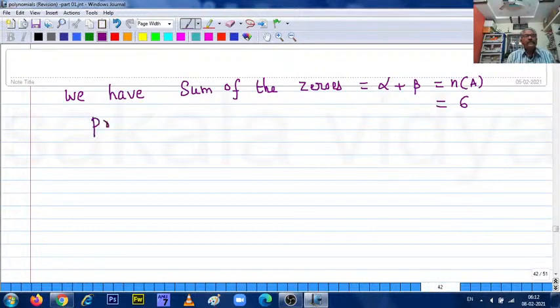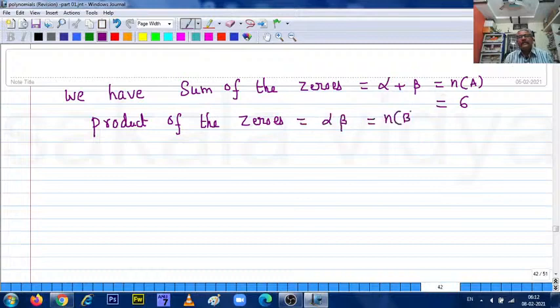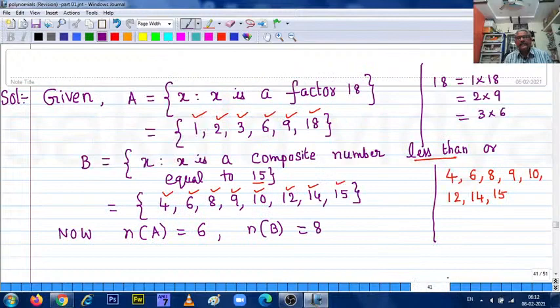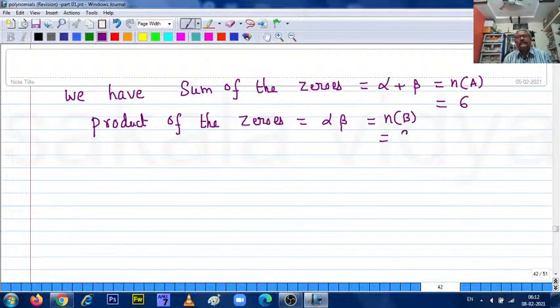Now the product of the zeros equals alpha beta, which is n of B. n of B means the number of elements present in set B, that is 8.